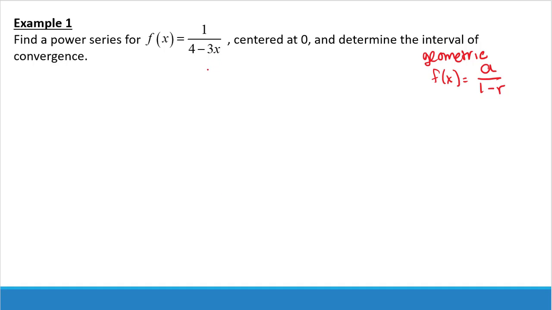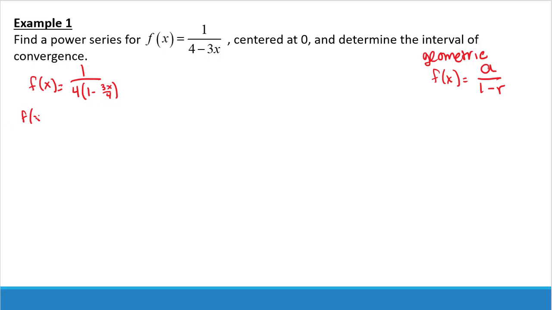So what I see right away with my function is that I can factor out a 4. So I get this to be a 1, which is what I needed, and I get this to be a minus 3x over 4, where I'm not adding or subtracting inside that, because that's going to end up as our r.